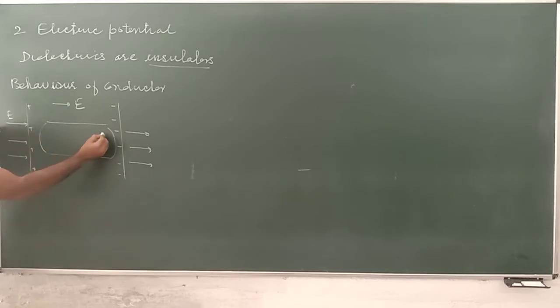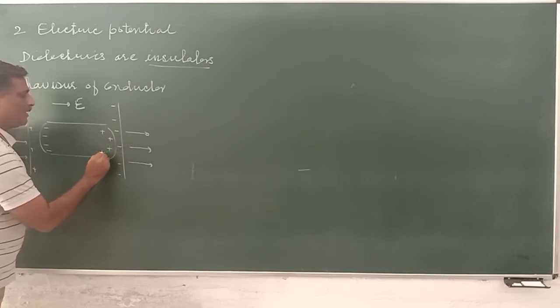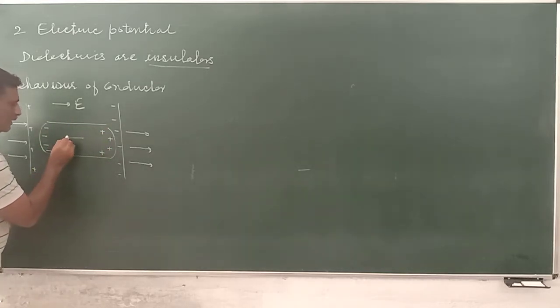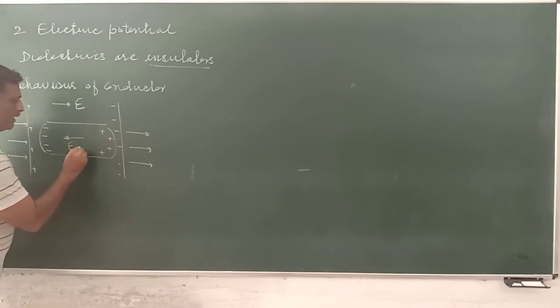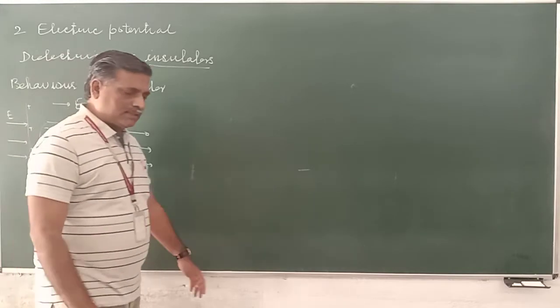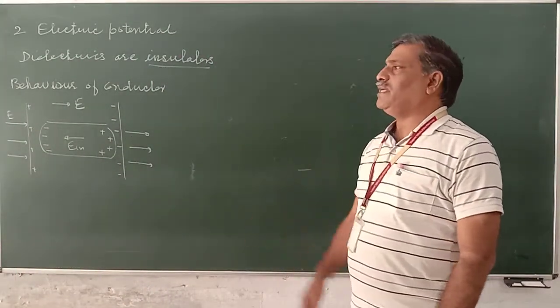Because of the positive plate, negative charges start drifting towards this side and positive charges start drifting towards this side. Now you can see that inside the conductor, this side became positive and this side became negative. Therefore, inside the conductor there is E in.